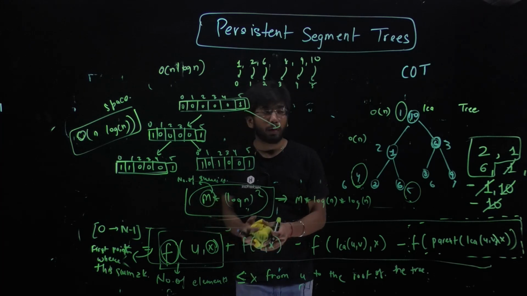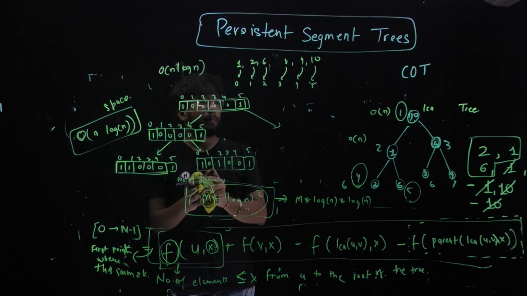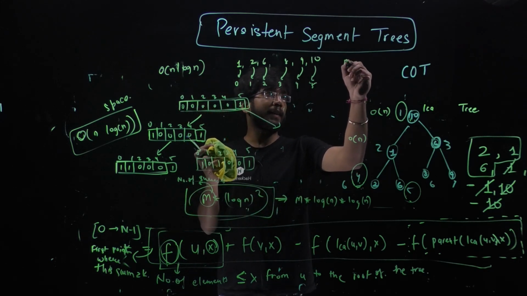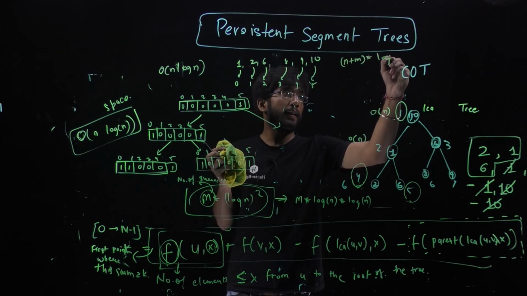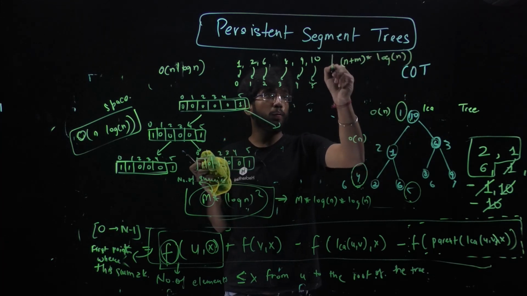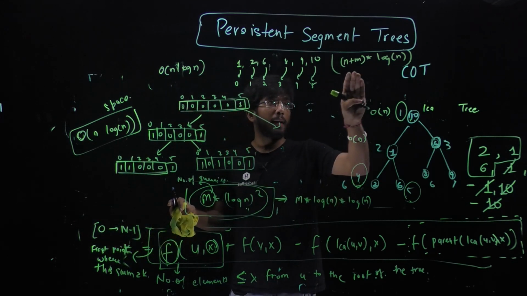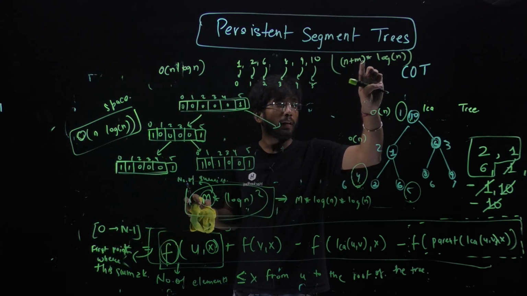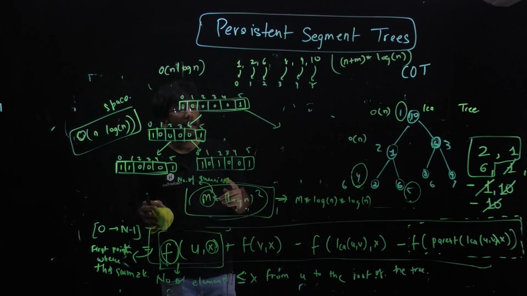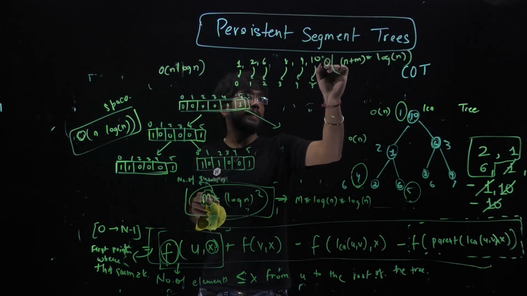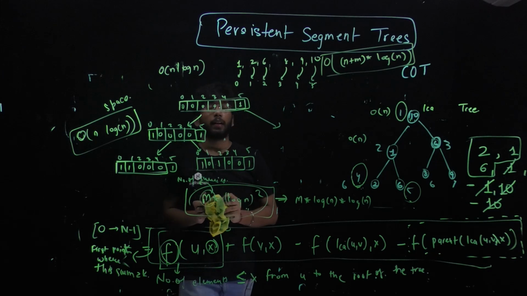So now I'll jump onto the solution to this, wherein we'll be going on to a complexity which is like this, which includes the n log n for the construction of the segment tree and log n for answering each query. And since there are m queries, the complexity would look something like this.